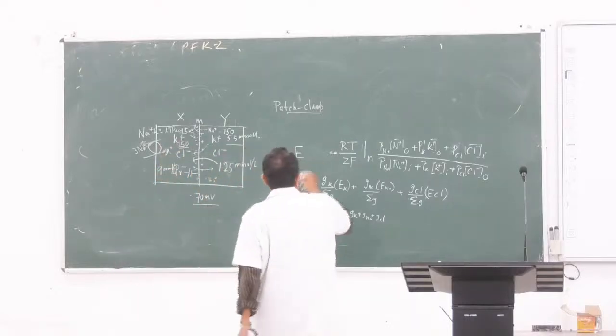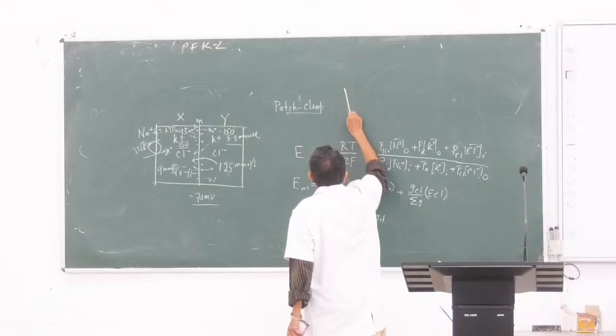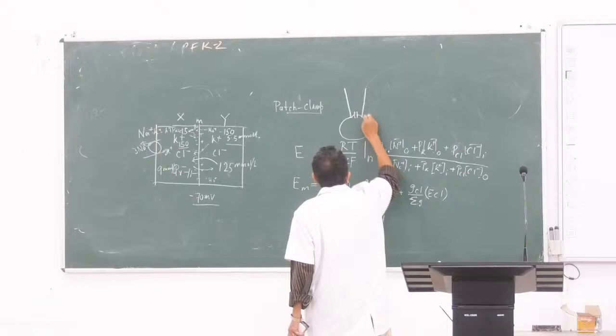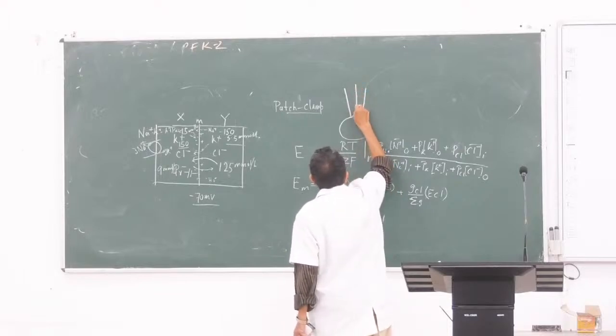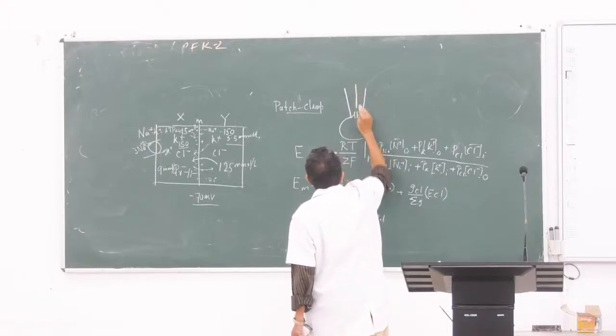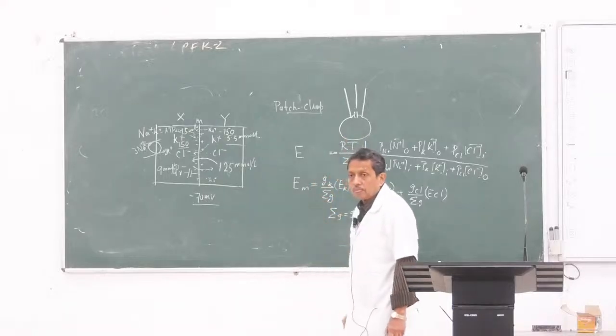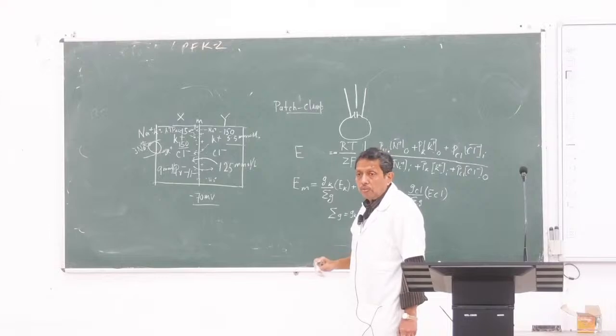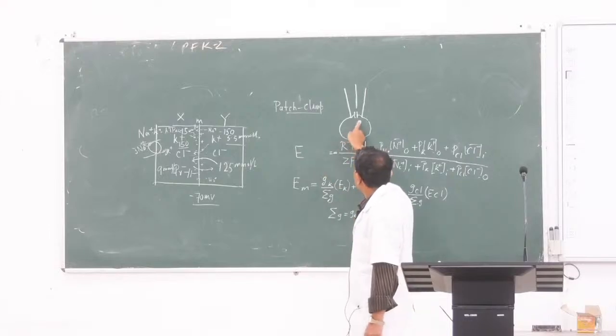Suppose a patch clamp is taken in such a way that an ion channel is there, and the electrode is on it, and the cell is intact. In this way, its behavior can be known. This is the cell attached patch clamp.